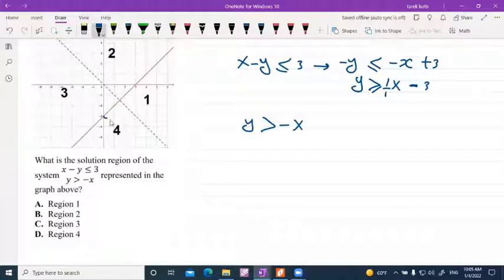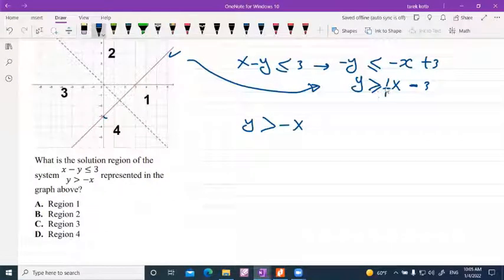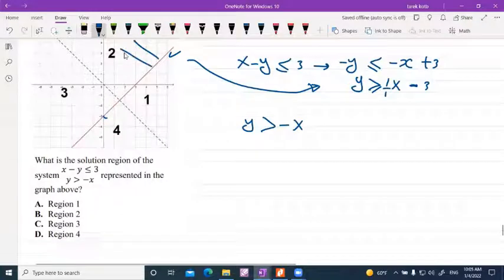Because I multiply the whole inequality by negative, the y-intercept is negative 3 and has slope 1 over 1, which means you go up 1 and 1 to the right. So this is the line.